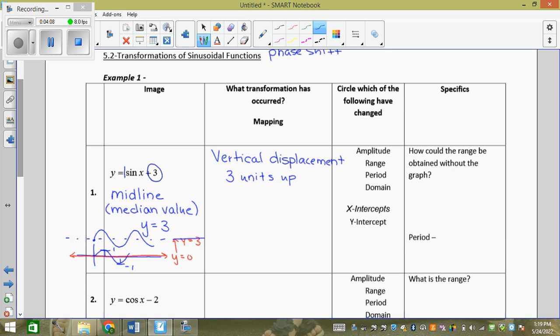So how high did this graph go to? 4. And now where did it go to below? 2. So what's my range? Y such that 2 is less than or equal to y is less than or equal to 4.